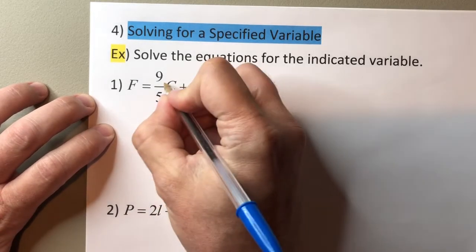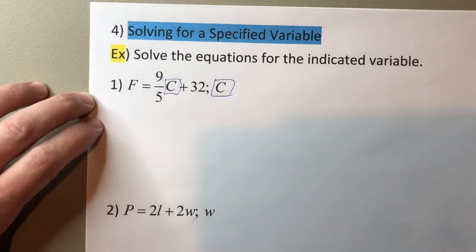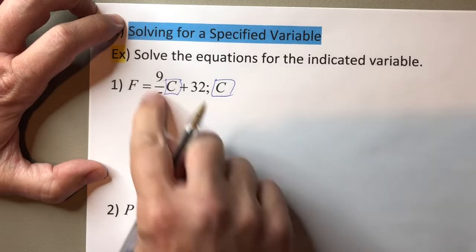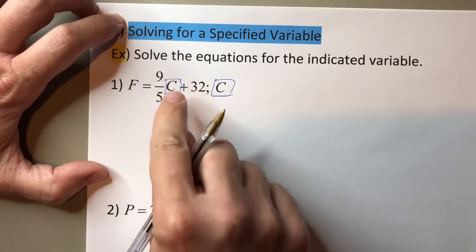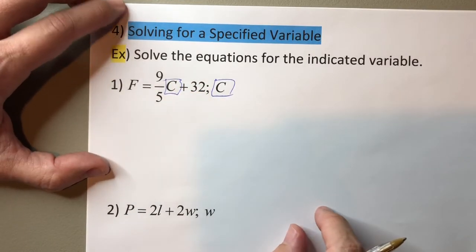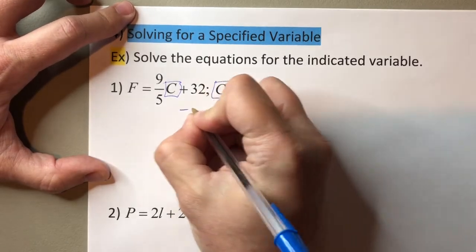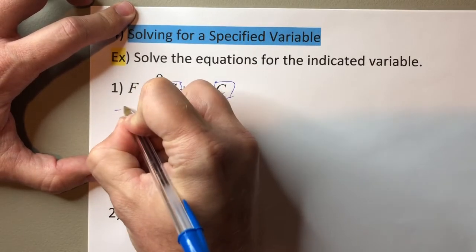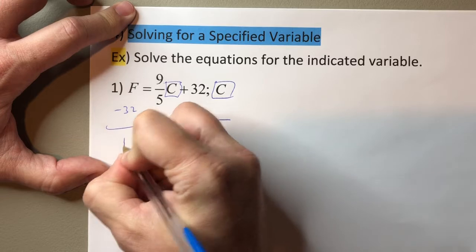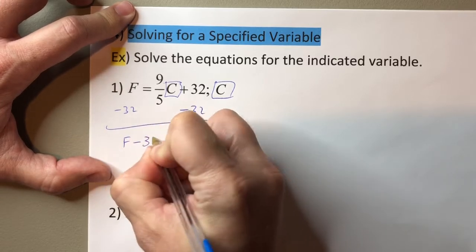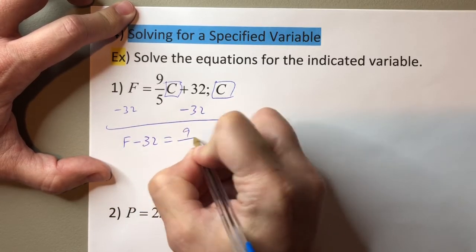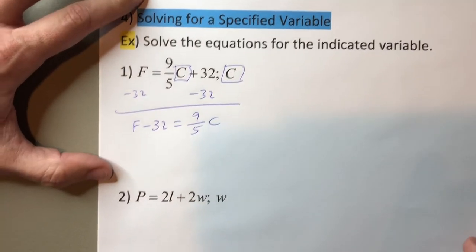We're solving for this variable right there, all right? So all we have to do is undo everything around this expression as it relates to C and get C by itself. So first we're going to subtract 32 from both sides. That's going to give us F minus 32 is equal to 9/5 C.